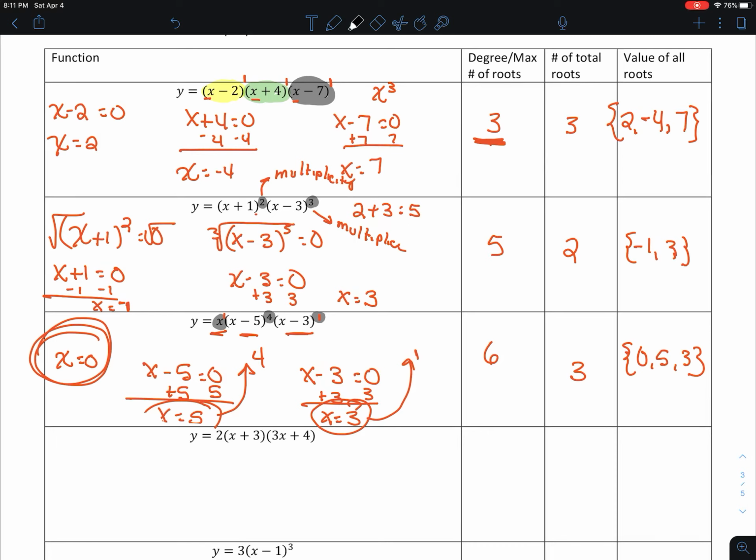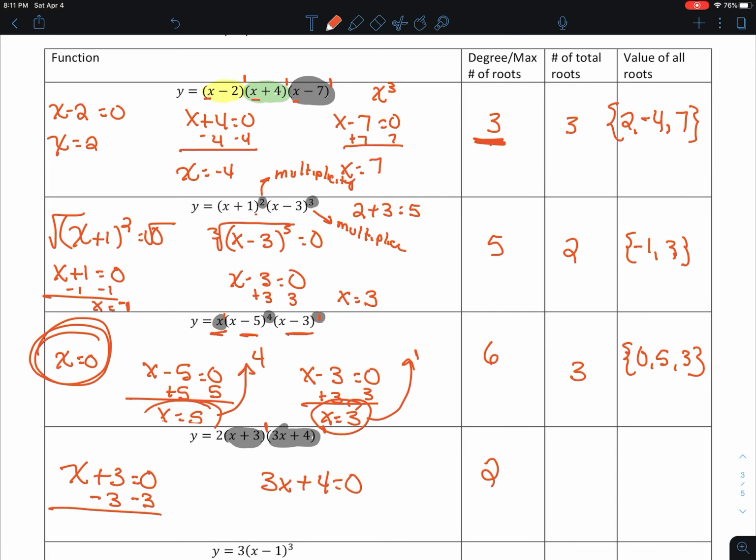And what are our terms here? So we have x plus 3. We have 3x plus 4. Because 2 does not have an x, it doesn't count in the degree. So this is a second degree polynomial because we have a 1 here and a 1 here, and we're going to have 2 factors. So we have x plus 3 and 3x plus 4.